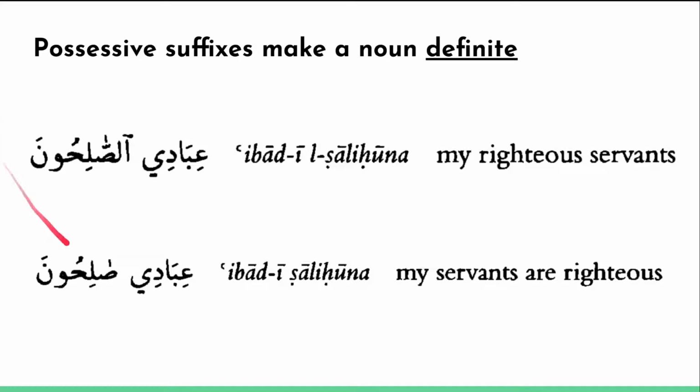This becomes the subject, and this becomes what is called the predicate in English. It's an adjective that's describing the subject of the sentence. So everything else still has to match: the gender, the case, the singular versus plural. But in this case, it's an indefinite word following a definite word.